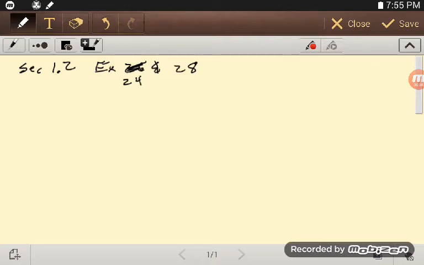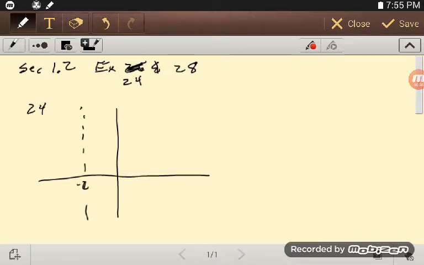use the graph to decide which of these things exist, and so in 24 I'll try to draw something reasonably well here. So there's this dotted line at -2, and so the function does something like that.